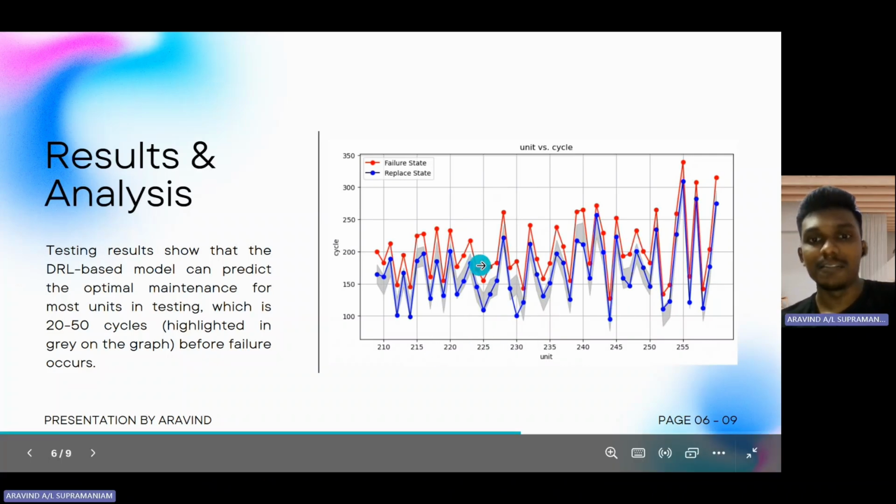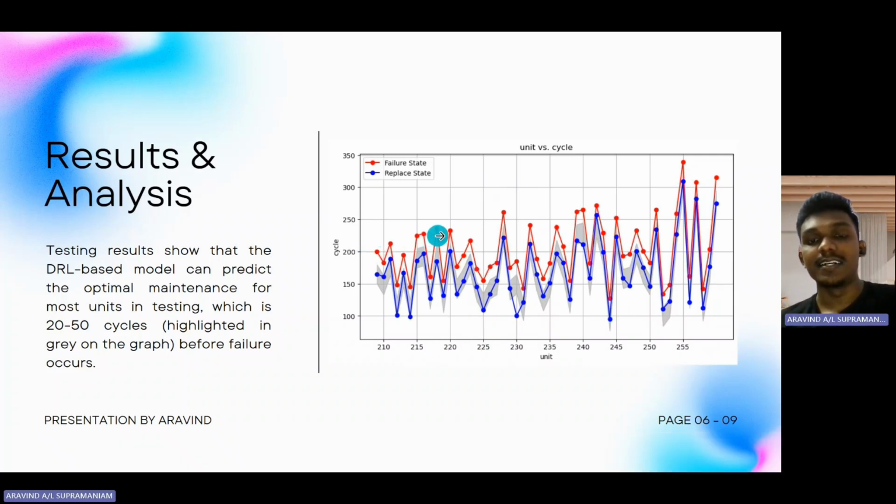So as we observe this graph, the red color highlighted lines are failure states, blue color are the predicted replay state by the model, and this gray shading indicates the optimal maintenance that the model can take. So as we can see, the blue color lines lie on the gray color shading. This indicates that this model can predict the maintenance optimally for this domain.